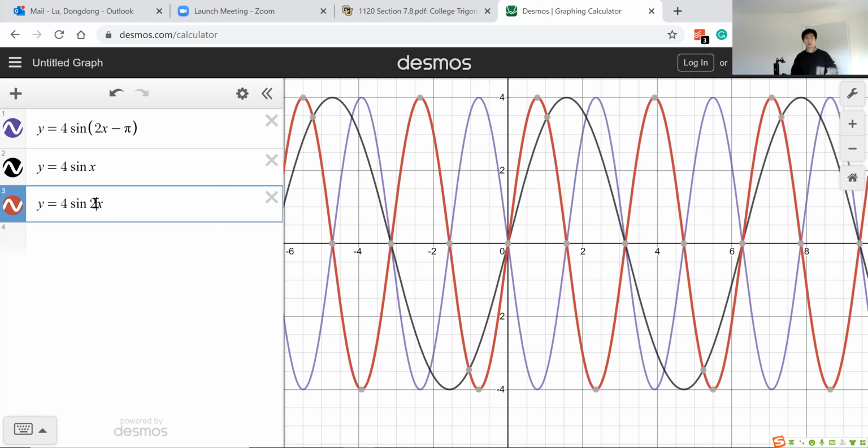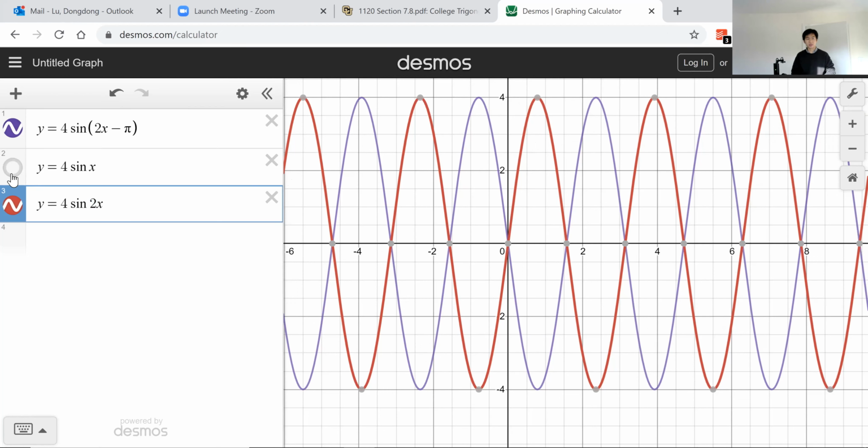Because we are multiplying by 2, everything accelerates. The fluctuation accelerated twice. That's why it's moving faster. It's shaking faster, okay? This is not our final destination yet. Let's keep this red line and delete the black line. We still need to subtract pi. So how do we do that?